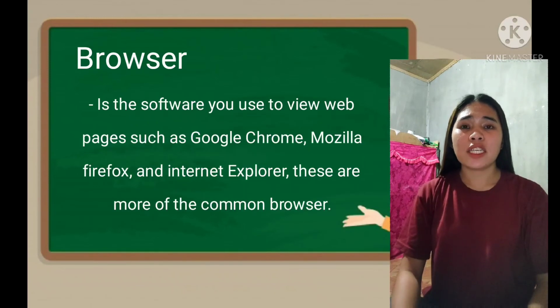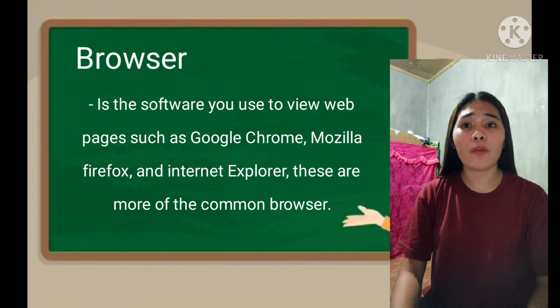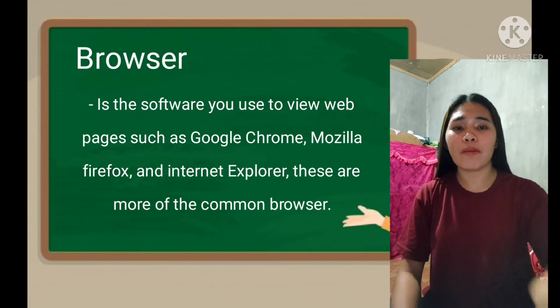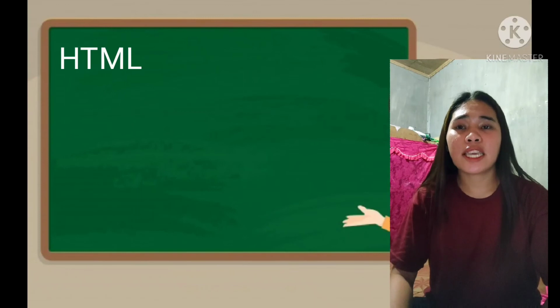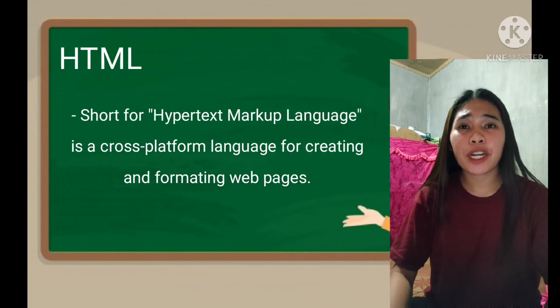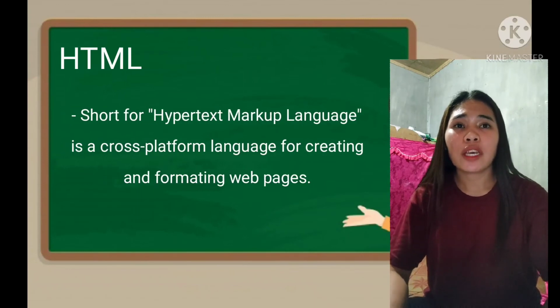Browser is the software you use to view web pages such as Google Chrome, Mozilla Firefox, and Internet Explorer. These are some of the more common browsers. So a browser is the application software for accessing the World Wide Web. HTML, short for Hypertext Markup Language, is a cross-platform language for creating and formatting web pages.